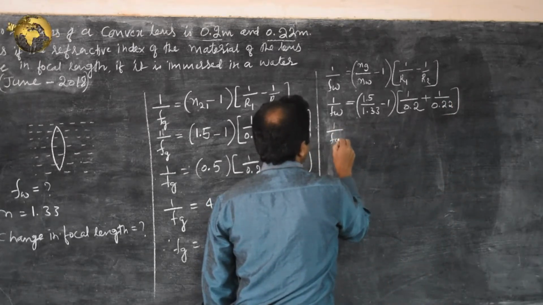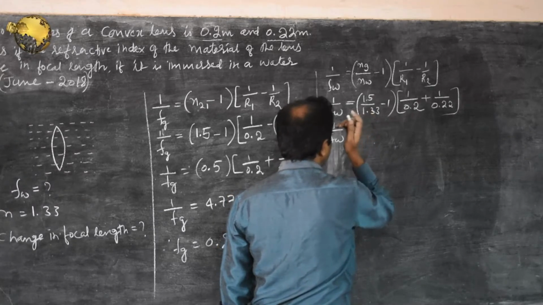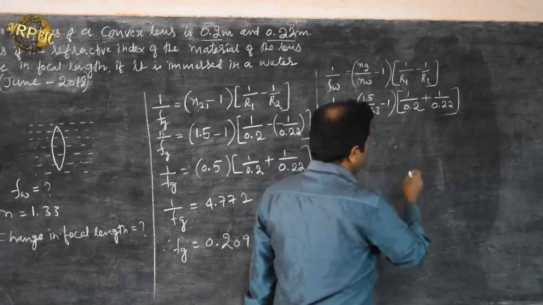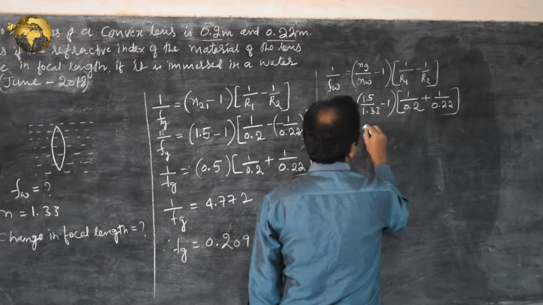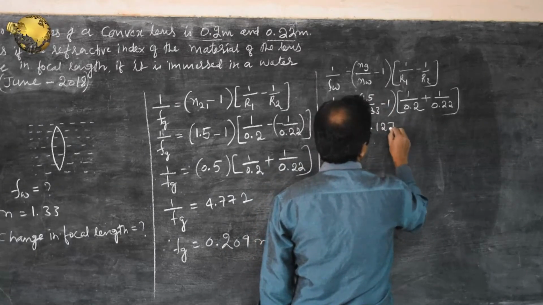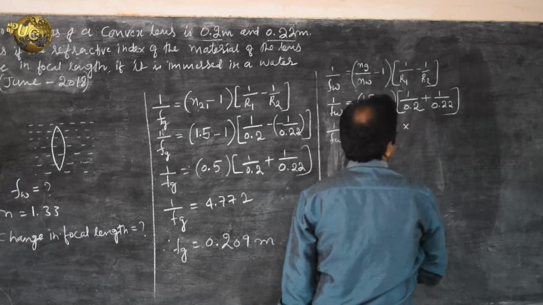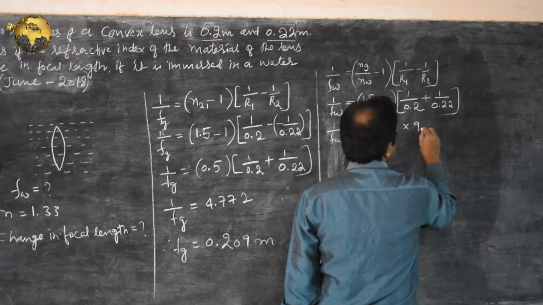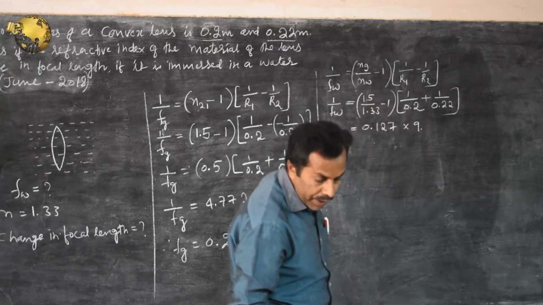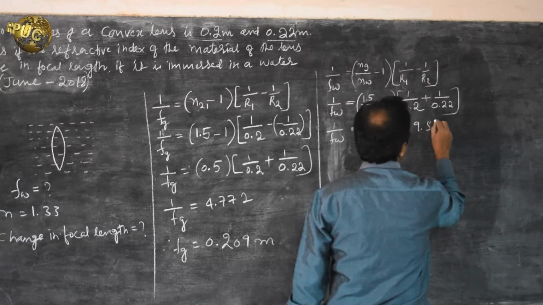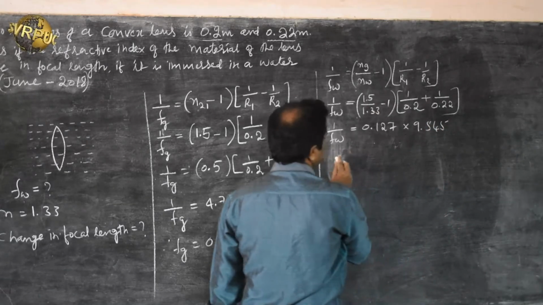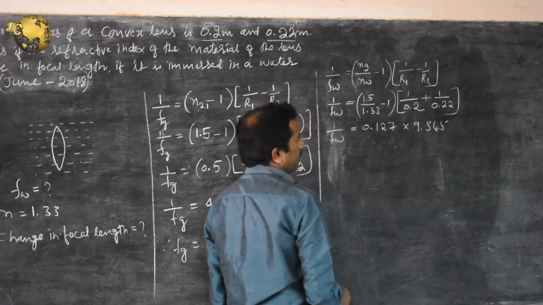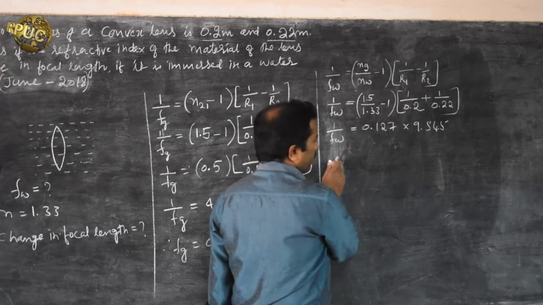So 1 divided by Fw is equal to this. If you solve this, you will get 0.127, which will be multiplied with 9.545 if you solve this again. So now let us take the reciprocal of 1 by Fw.